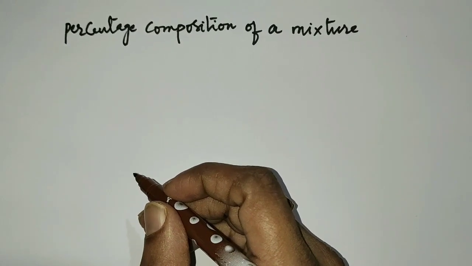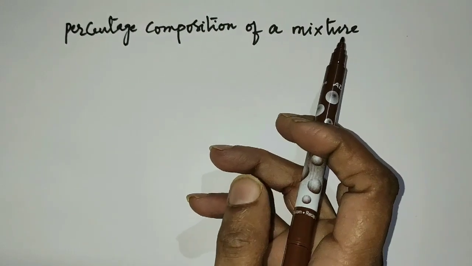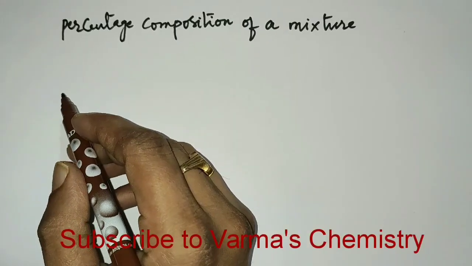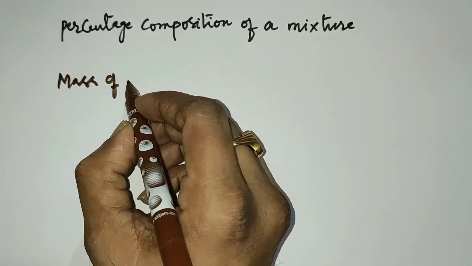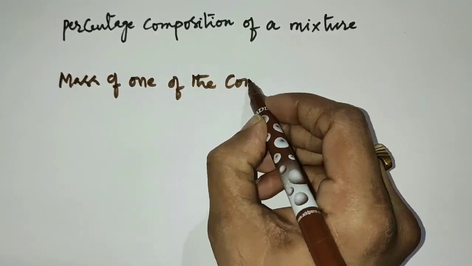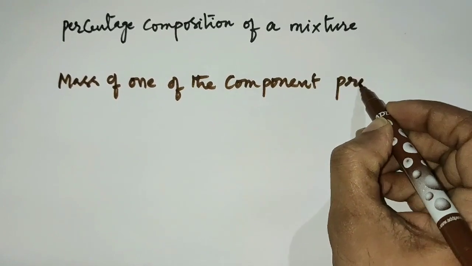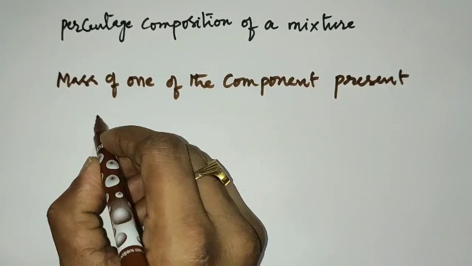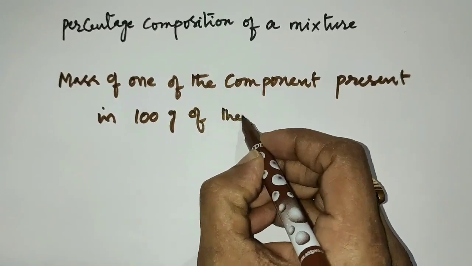In this video, we will see how to find out percentage composition of a mixture. Percentage composition means mass of one of the components present in 100 grams of the mixture.